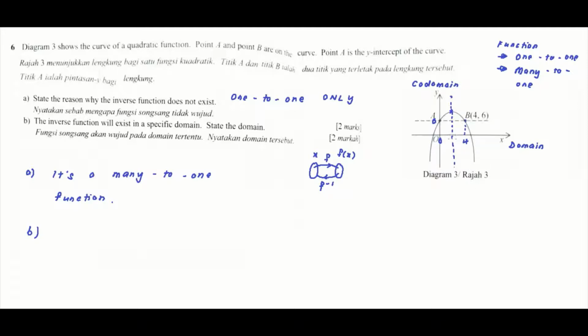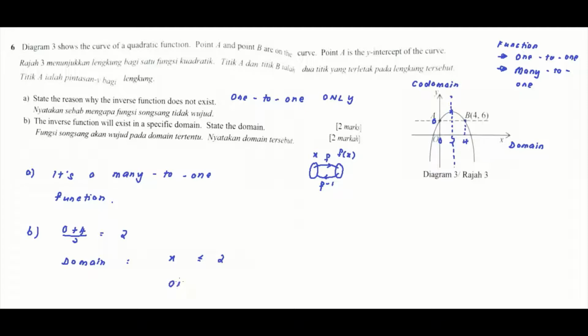We want to find the midpoint here, so we take 0 and 4, add them together and divide by 2. That is how I get the midpoint, which is 2. So my domain can be x smaller or equal to 2, which is the first half.